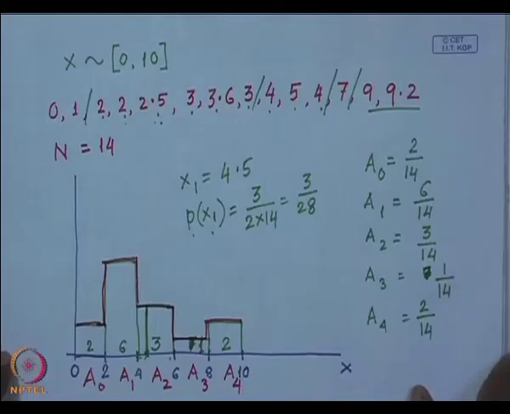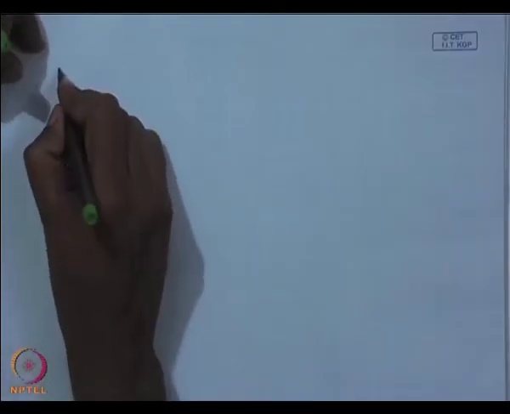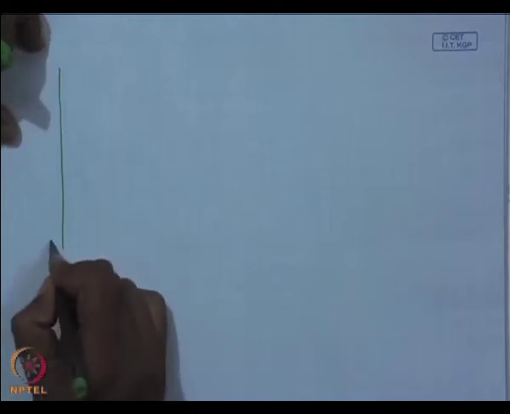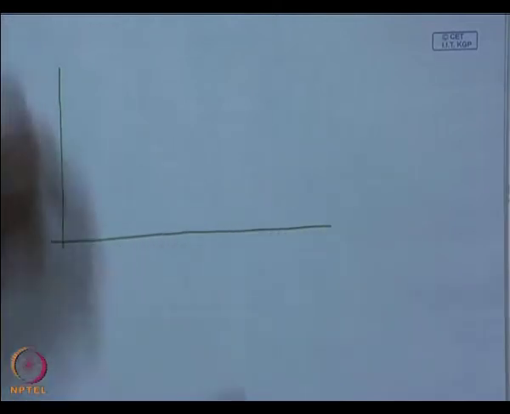So, let us now see, if I vary the bin width, or vary the number of bins in which I divide the range of x, what effect it is going to have on the probability density estimate. I will take the same example and try it with different bin widths. First, let us see what the situation will be if the bin width is equal to 1. Okay.